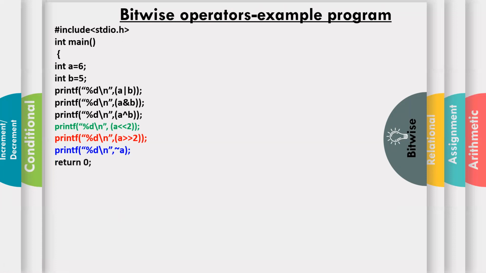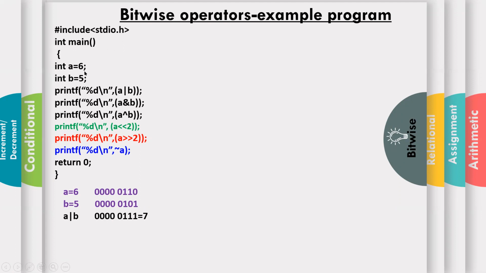Okay. So first consider OR. As I told you, write binary for A. So A is 0110 and 5 binary is 0101. So I added some 4 bits before. Actually, you observe one thing. Even though I used 4 bits or 8 bits, actually, if you write int A is equal to 6, 32 bits are allocated because the size of int is 4 bytes.